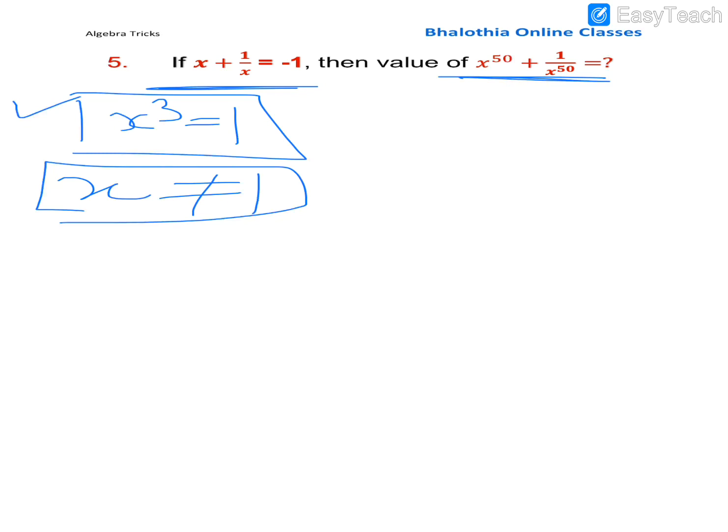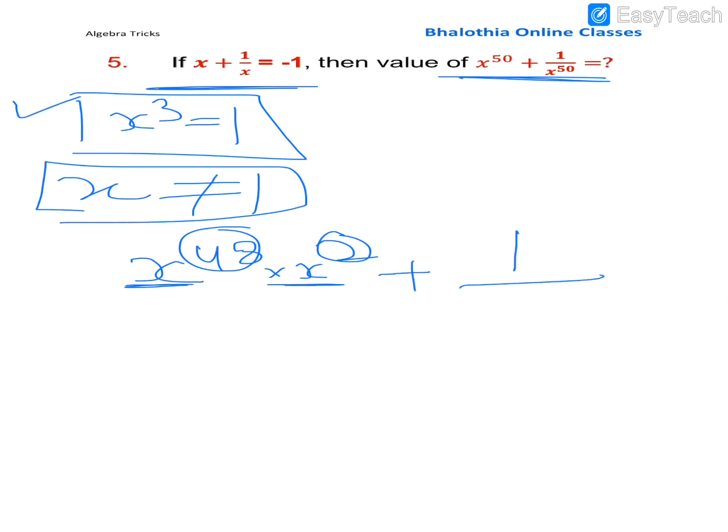So here we will break this one. How can we write x raised to the power 50? Can we write it as x raised to the power 48 into x square? Because if the base is the same, then the powers get added. So we break it this way, x raised to the power 48 and then x raised to the power 2, and the same thing for the remainder as well.